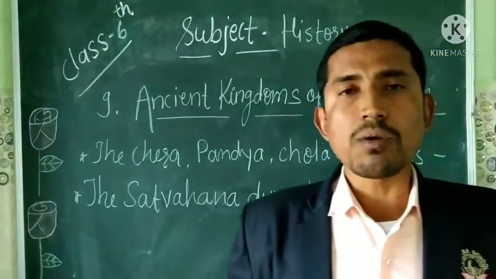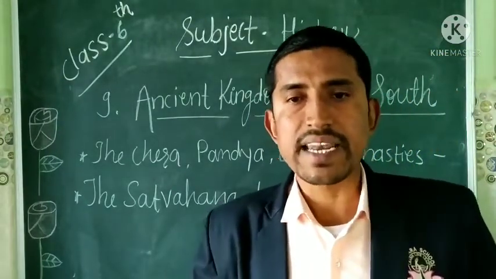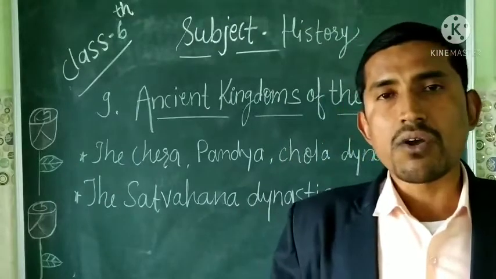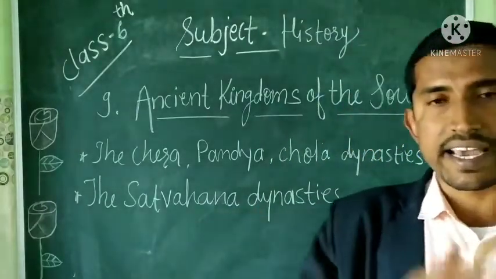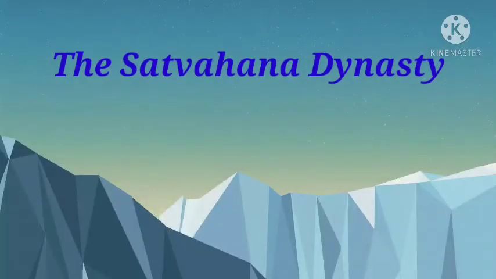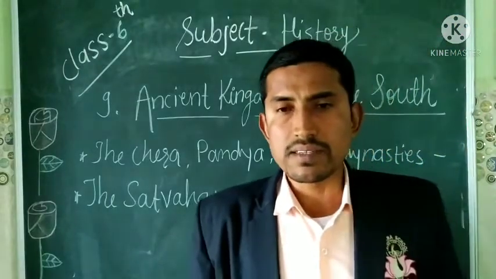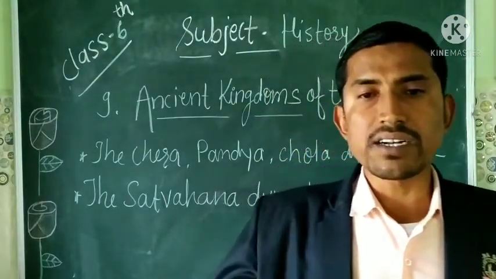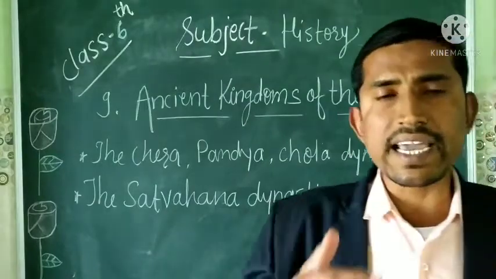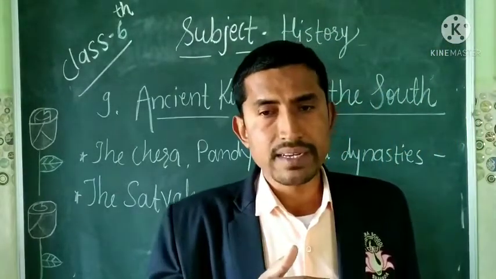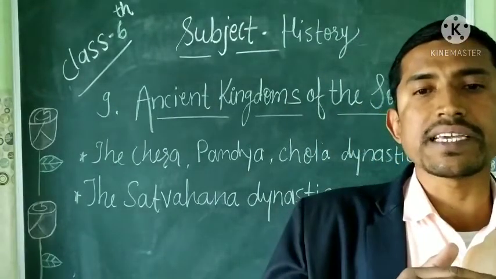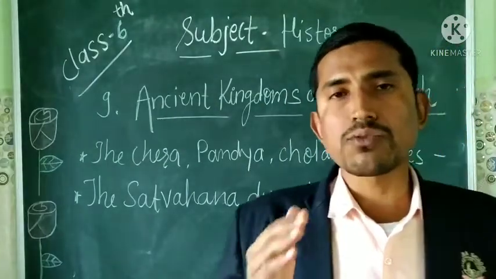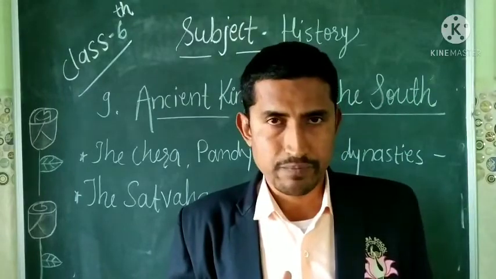Now one of the most famous dynasties of South India we have to learn is the Satvahana dynasty. So now we are going to see the Satvahana dynasty. Students, as in the north, after the decline of the Maurya Empire, the local kings in Maharashtra, Andhra Pradesh and Karnataka also became independent.